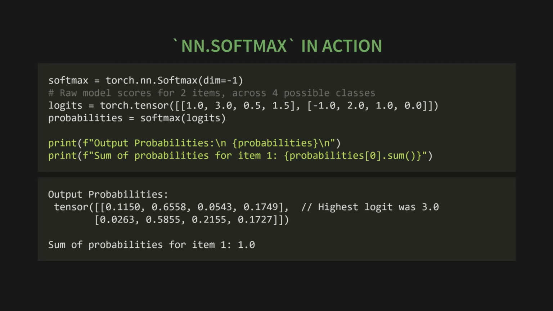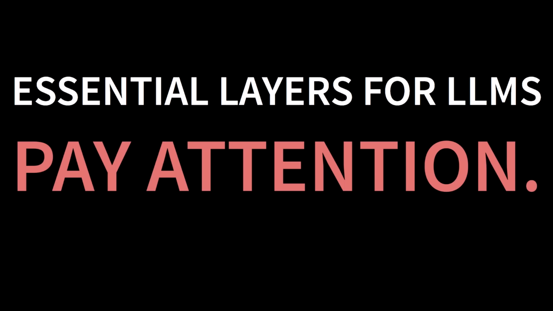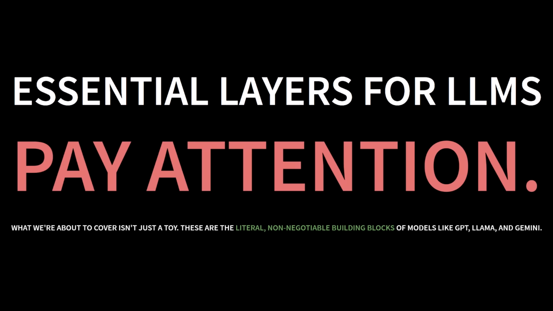For the first item, the highest logit was 3.0. Softmax turned that into the highest probability, 0.6558. And if you sum up the probabilities for that first item, they equal 1.0. Perfect.